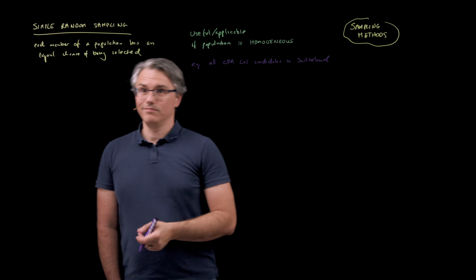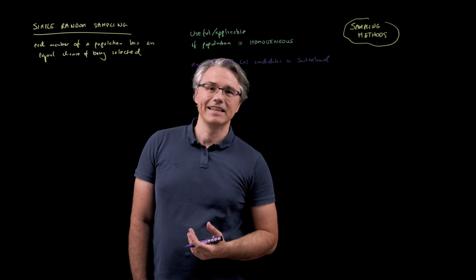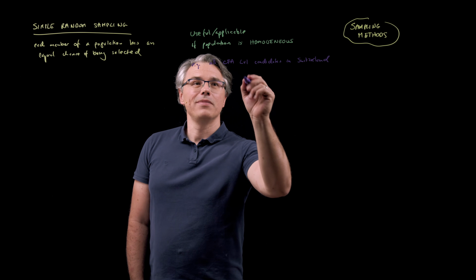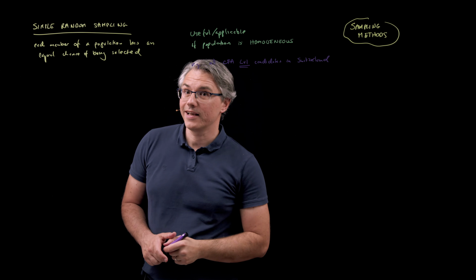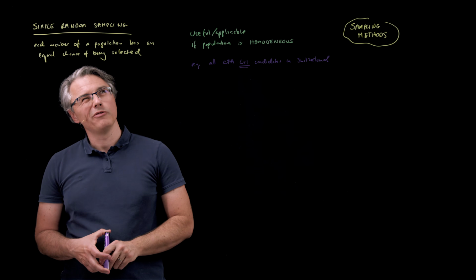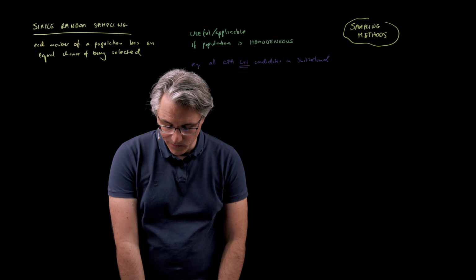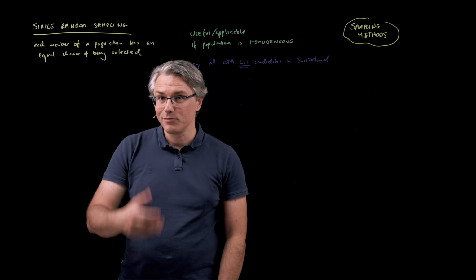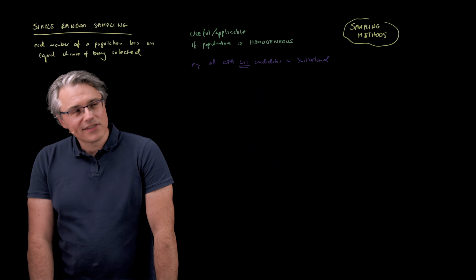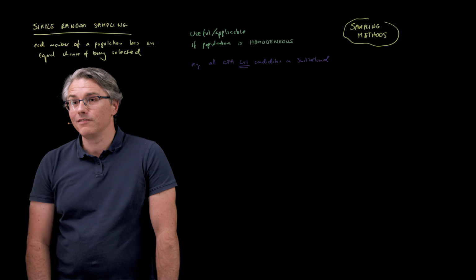So we've already narrowed it down by country. We could do it even more, could go down to city level or some other administrative unit, geographical unit. But we said all level 1 candidates, because I'm assuming there could be a difference between level 1, level 2, level 3 candidates. The assumption being, the further you go in the exams, the more perhaps you are earning. Well, let's hope so. So if you wanted to do such a study, you would take the list of all CFA level 1 candidates.